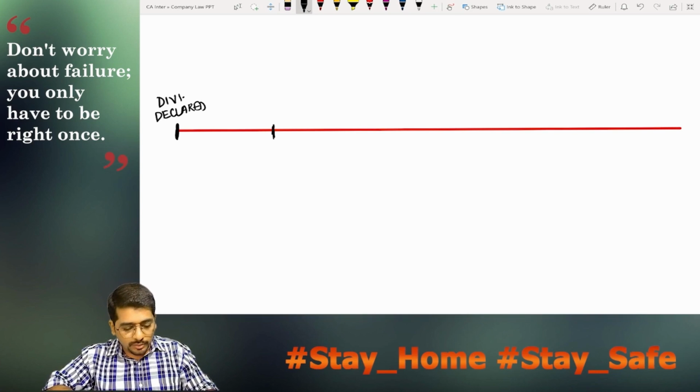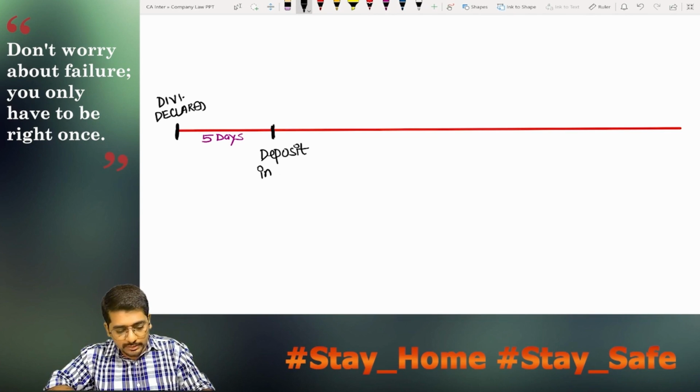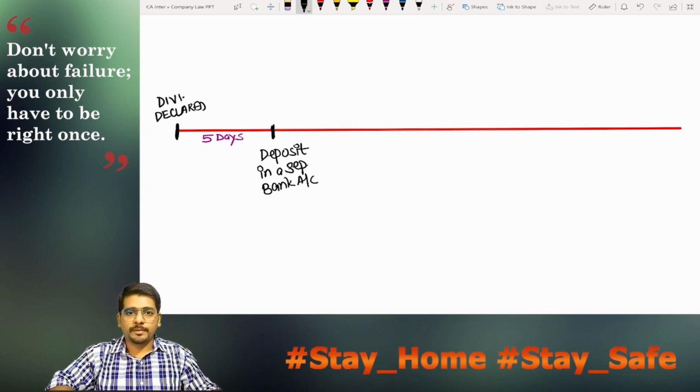You know what this is? This is a period of 5 days. The law says here, within 5 days, what you do, you deposit the amount of dividend in a separate bank account. Understood? Deposit that amount of dividend in a separate bank account.